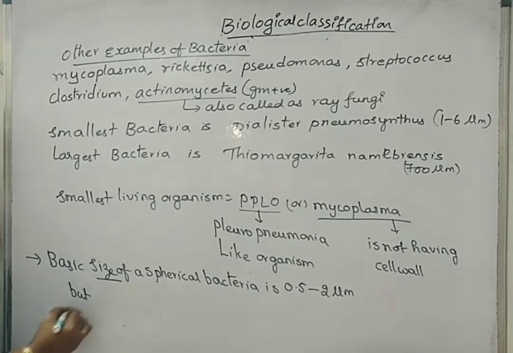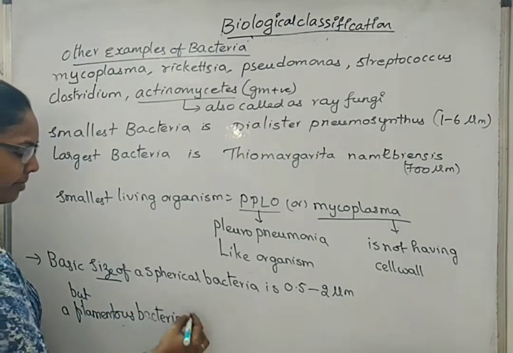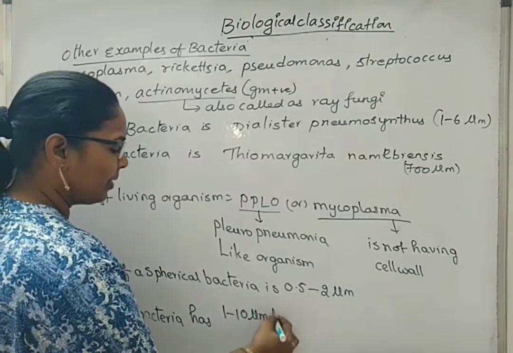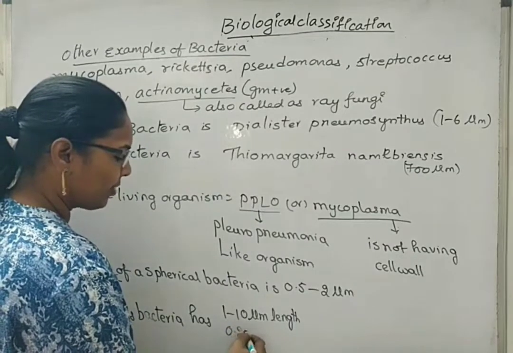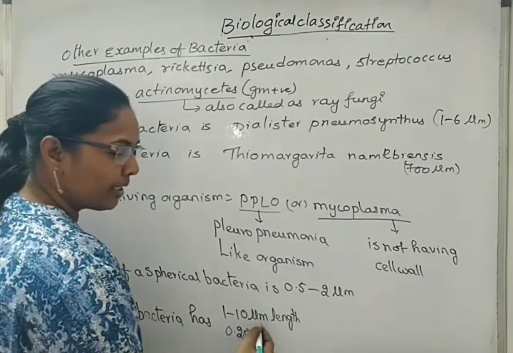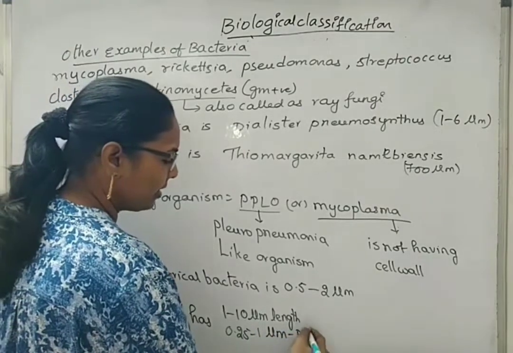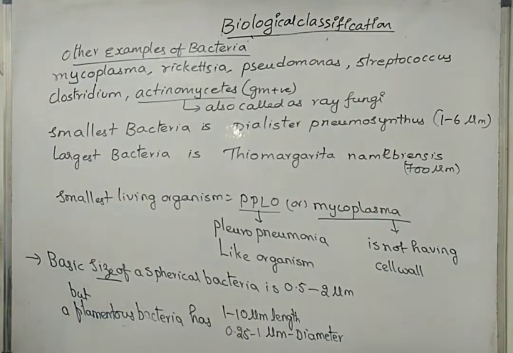But a filamentous bacteria has 1 to 10 micrometers length and 0.25 to 1 micrometers in diameter. These are considered as the measurements of bacteria.